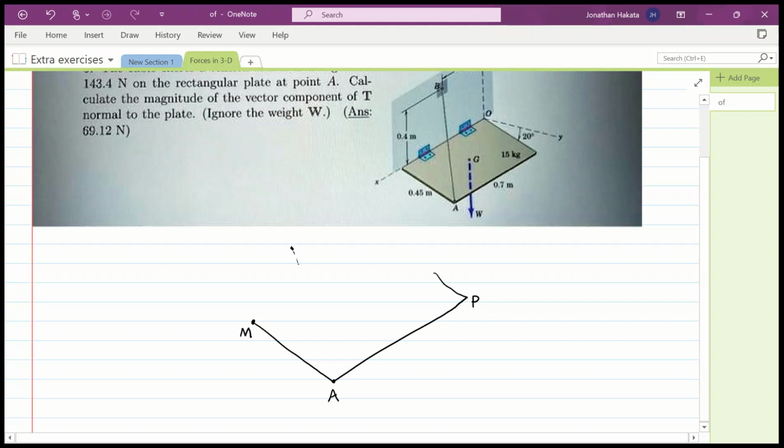I'm going to join these two, assuming that these are straight lines. This is point B.